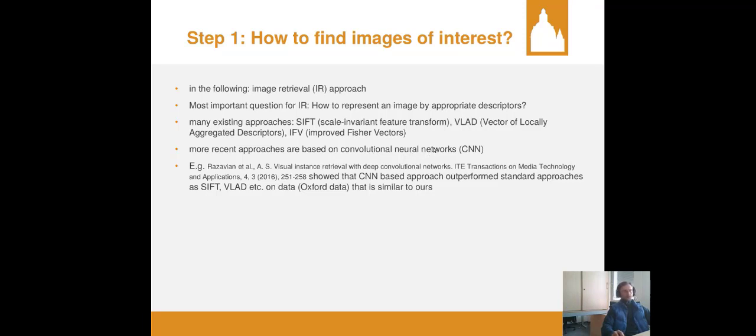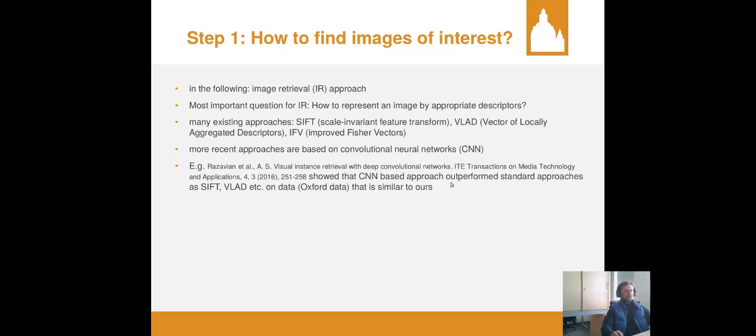And these convolutional neural networks are able to deal with image data especially. And in a contribution in 2016, Lazaridis showed that a CNN-based approach outperformed the standard approaches that are common in computer vision, such as SIFT and VLAD, and so on.